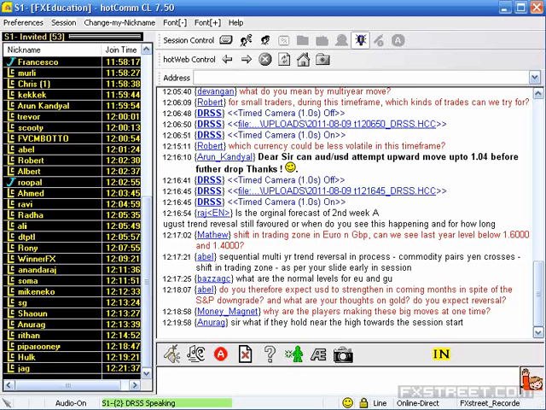Then Arun. Can Australian dollar USD attempt an upward move to 1.04 before a further drop? See, anything they can do. They have come up to 1.0150 and another 50 pips to high and hit the stops above.